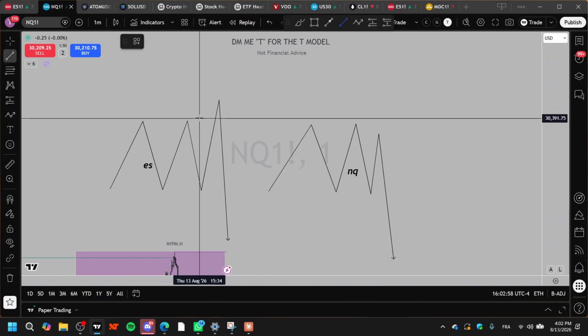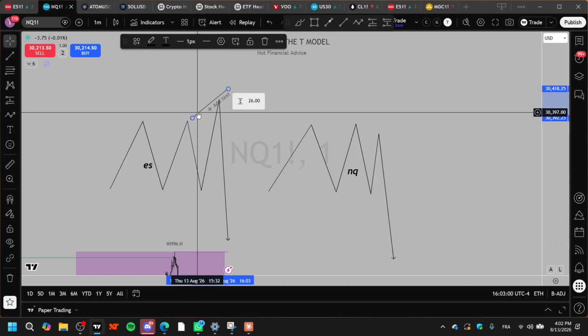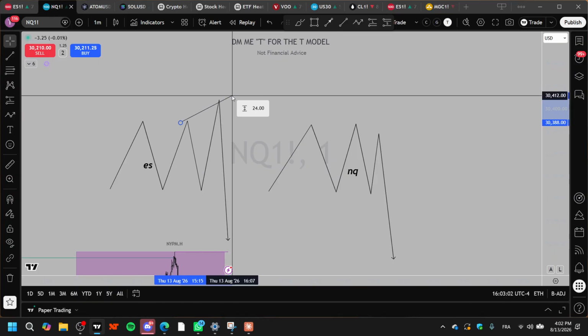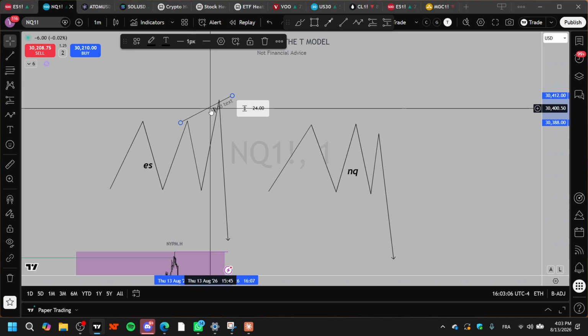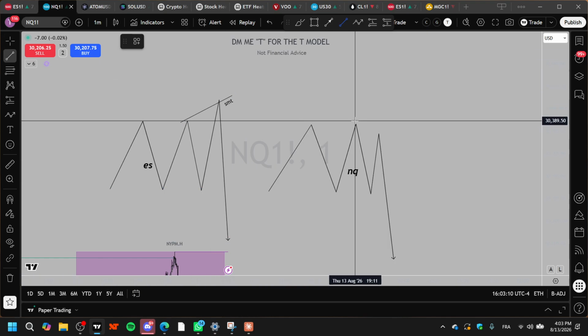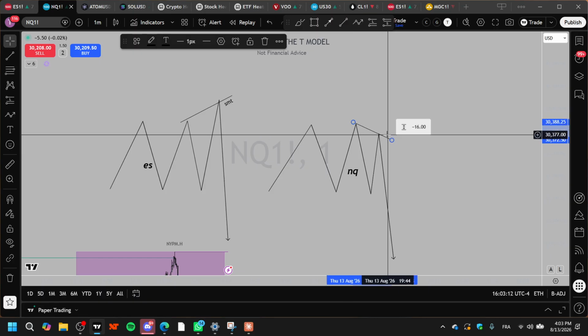Now, we see that ES sweeps the high, creating an SMT, because ES swept the high. Now we see that NQ hasn't swept the high. Is that still an SMT? Of course it's an SMT.